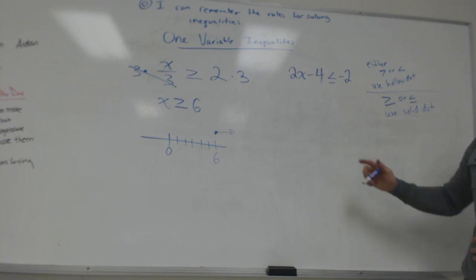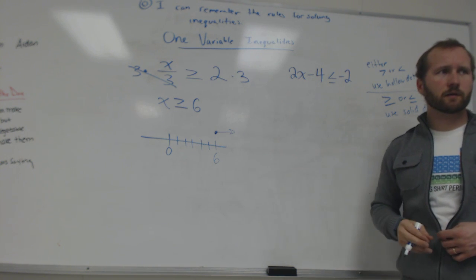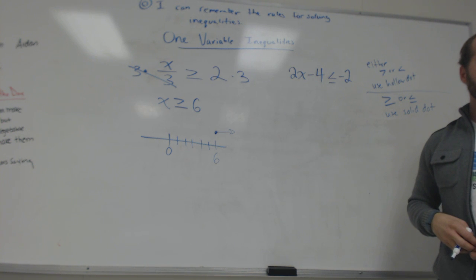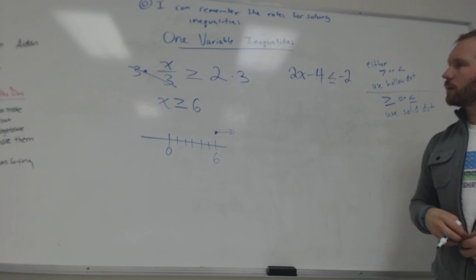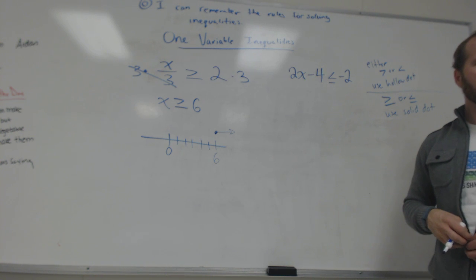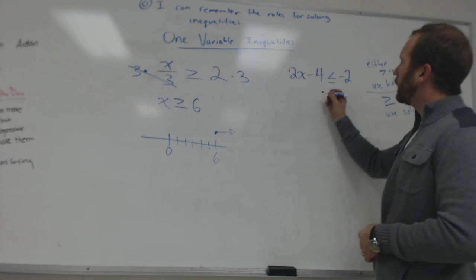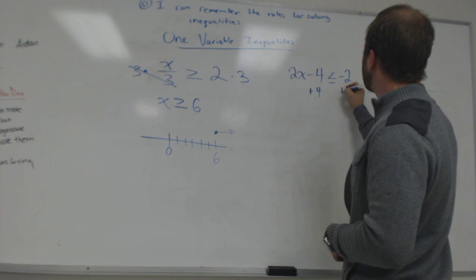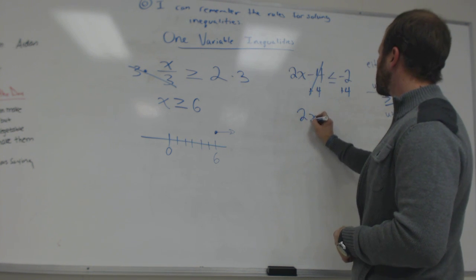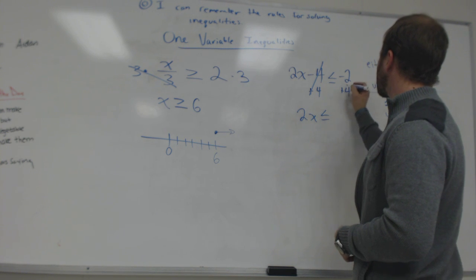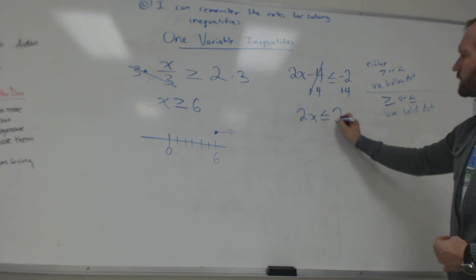Alright, what would be the first step in solving this problem? Adding 4 to both sides. Those are going to cancel out. So now we have 2x is less than or equal to negative 2 plus 4 is positive 2.